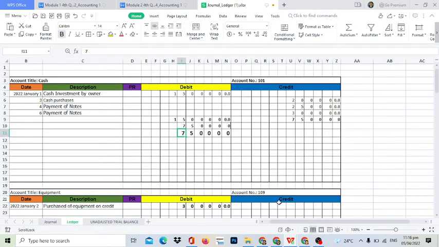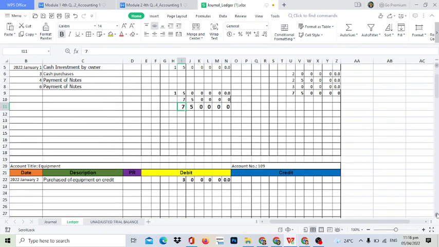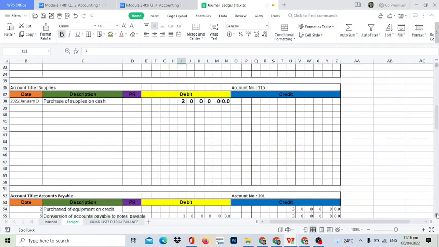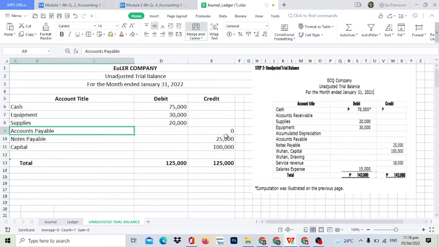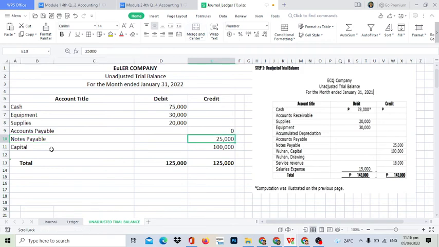Based on our ledger. Total amount is 0. Okay, and then recorded under credit. And then the total notes payable is 25,000, recorded under credit. And then the capital is 100,000, recorded under credit.